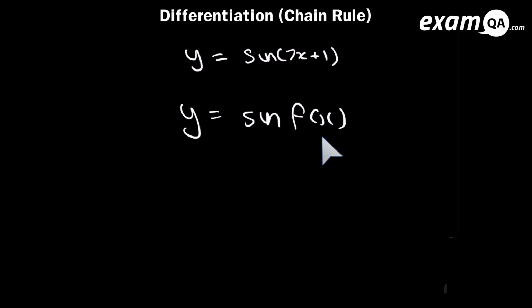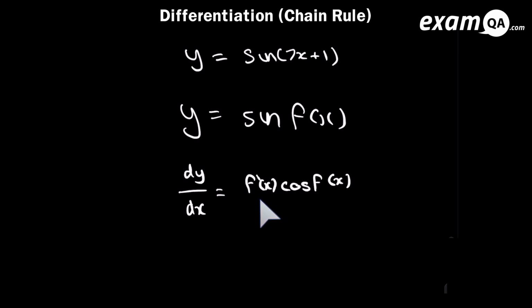And generally this differentiates to cos f(x). However, if you've been practicing your chain rule a lot, you also know f dash x also comes to the front. So the differentiation of something general in the form sine f(x) goes to cos f(x), but it also gets multiplied by f dash x.